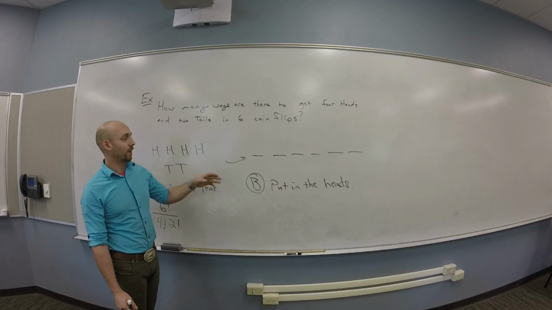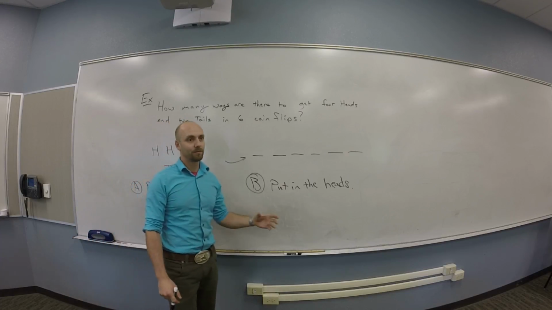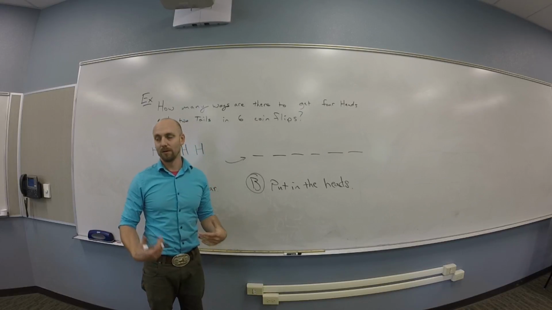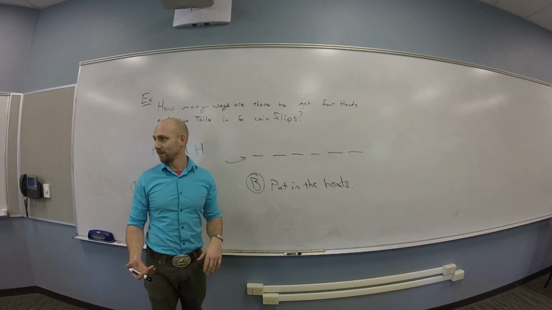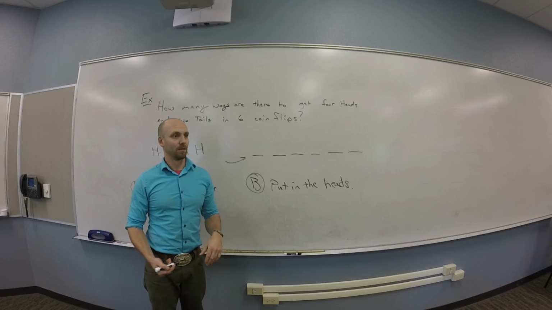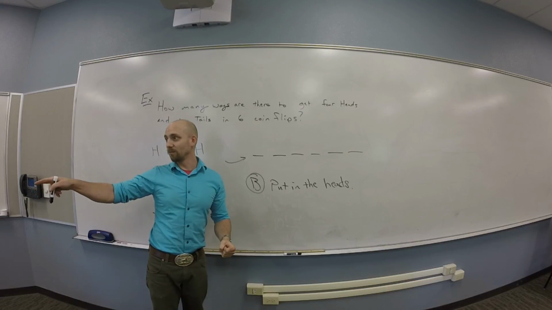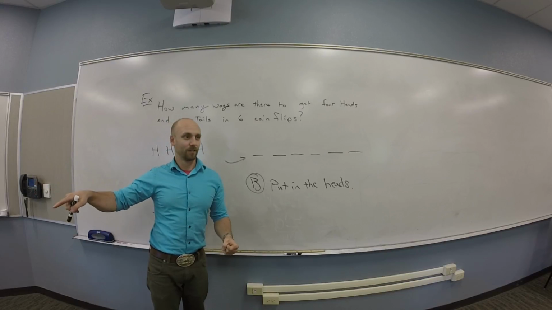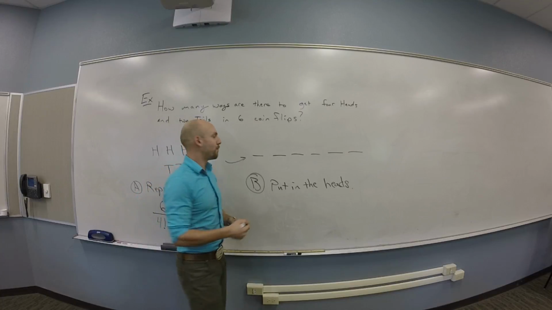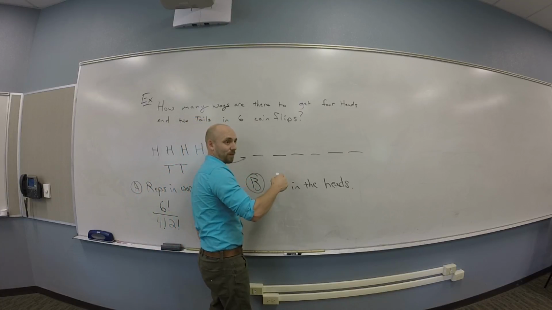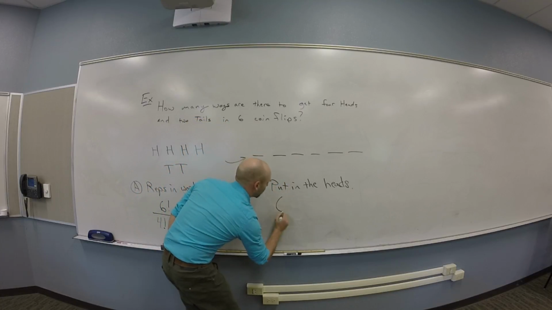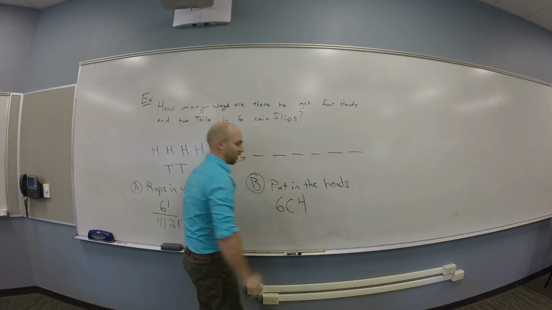So how many different spots can I put heads? There are 6 spots, and I'm choosing 4. I'm picking the slots that I'm going to fill with heads, so this is 6 choose 4.